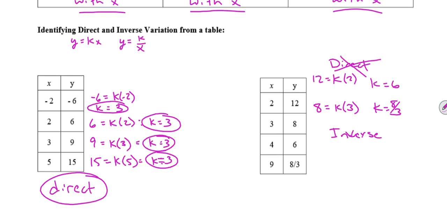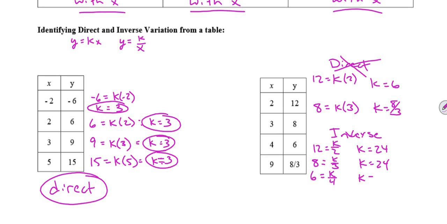All right, so inverse is y equals k divided by x. So in this case, to get k by itself, I'd multiply by 2. So k would have to be 24. All right. 8 equals k over 3. So times 3, k equals 24. So again, we're on a right track, but you got to keep going. 6 equals k over 4.